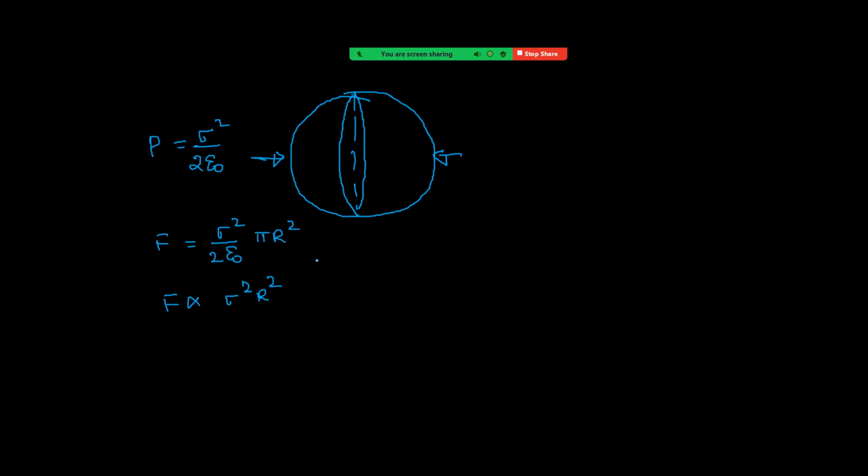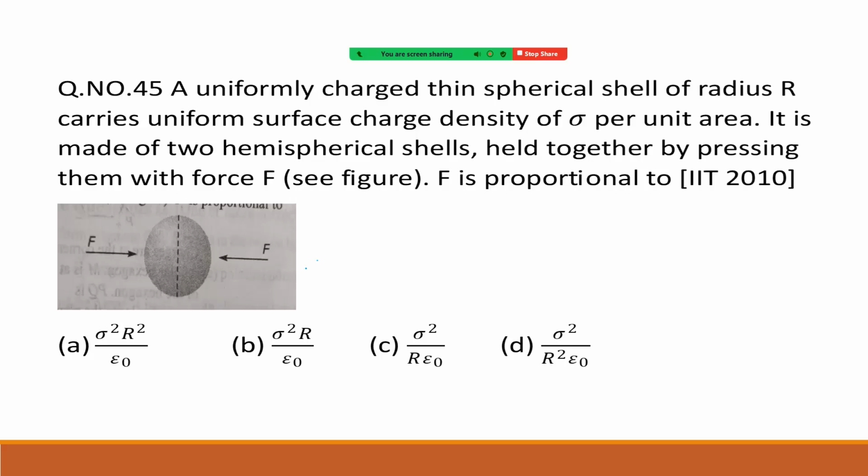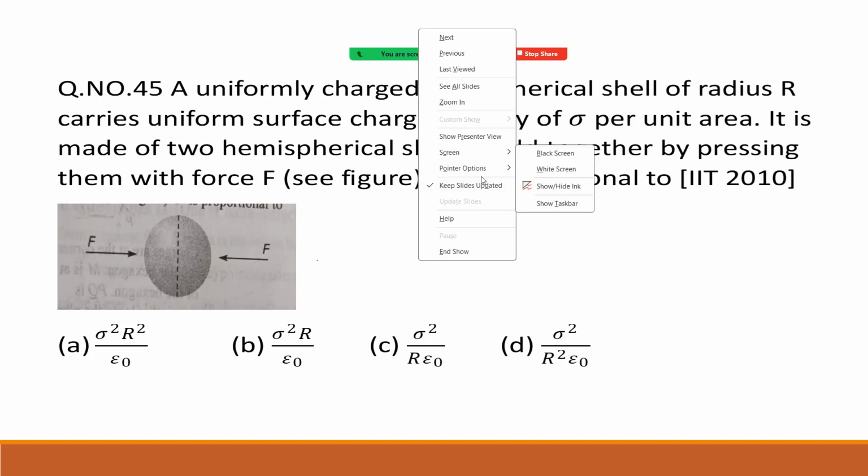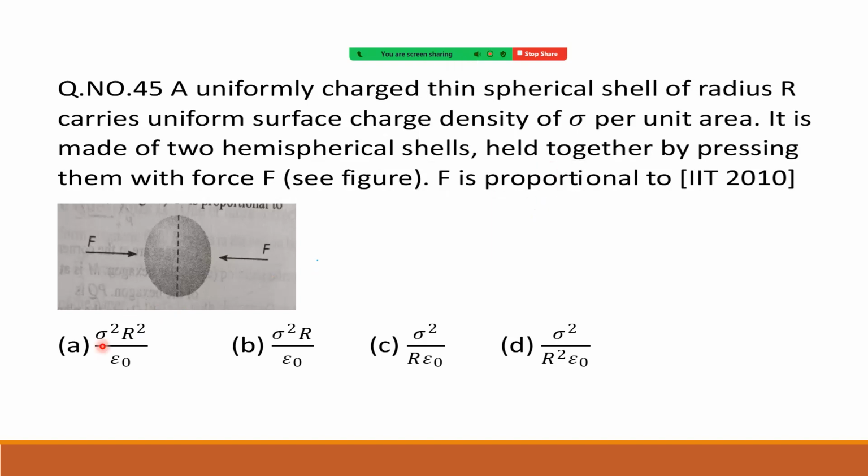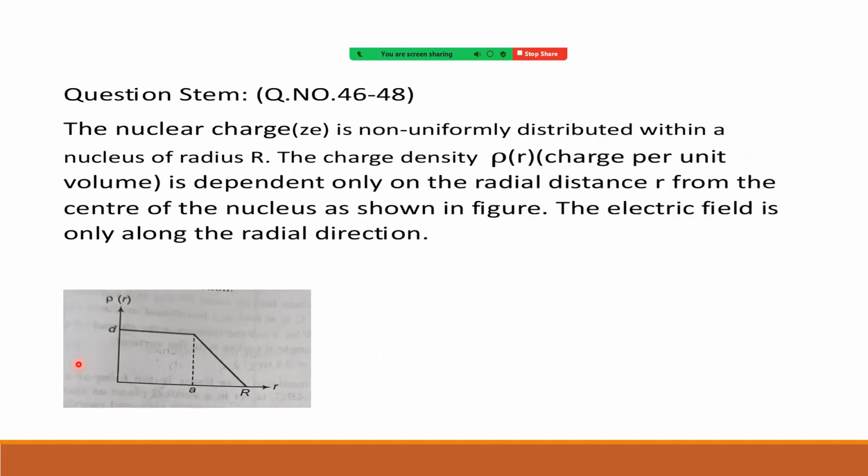See options. We got sigma square by 2 epsilon naught into pi r square, right? So in that case, the answer is the first one. It is a very simple one. See next one.